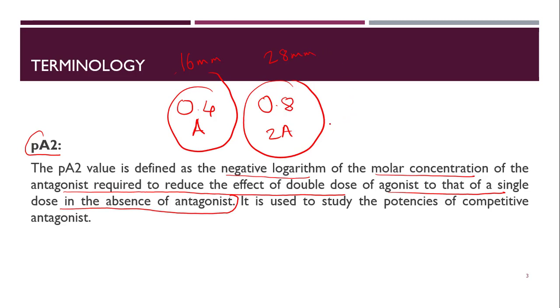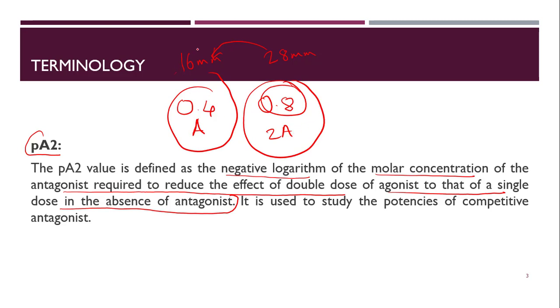Okay, so according to the pA2 value, we determine the concentration of the antagonist which is required to bring this response height of 0.8 to this, that is 16 mm, in presence of antagonist.